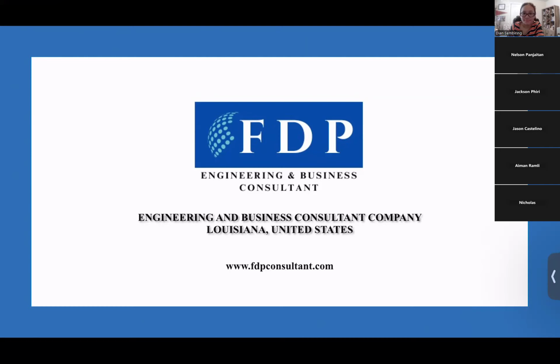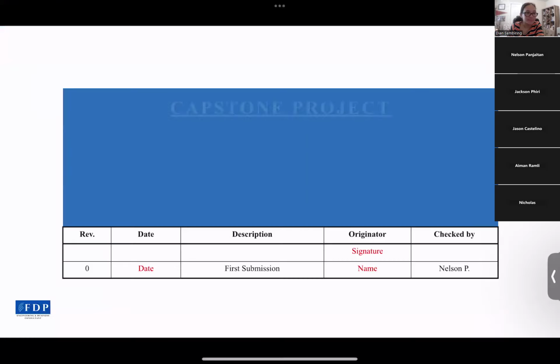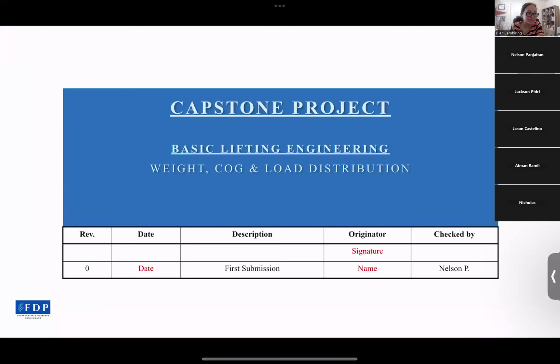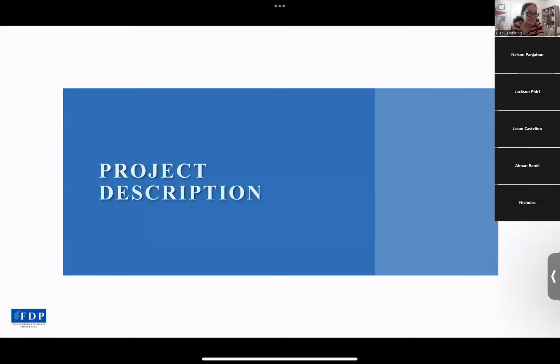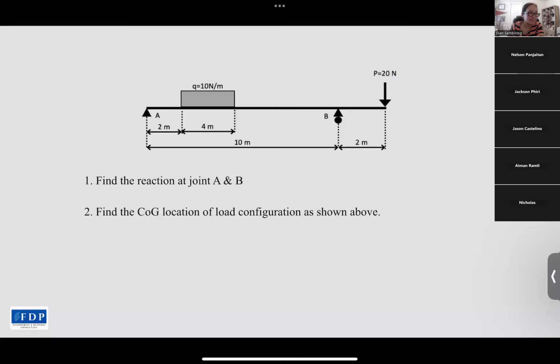So yeah, we continue with the capstone project here. So this is the capstone project. We have four exams here. This is the first. It's a simple beam like this.